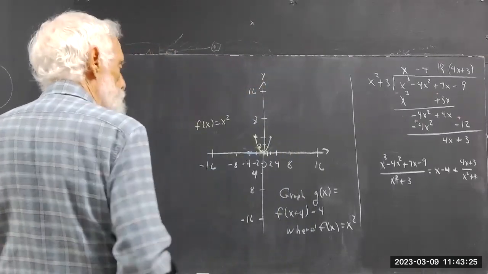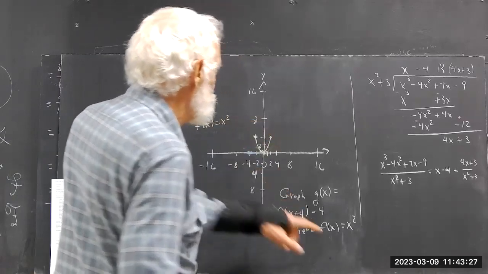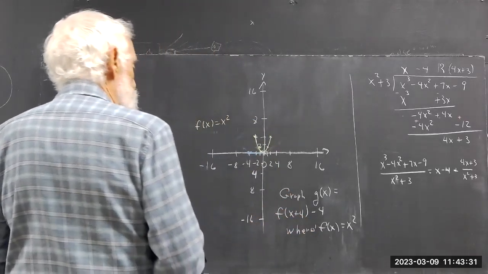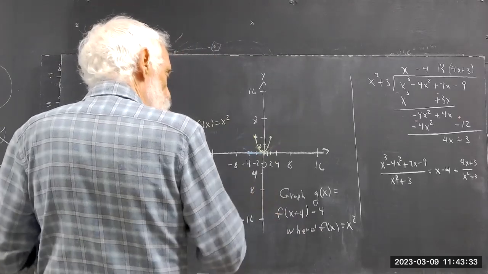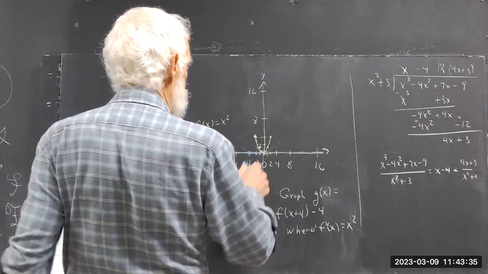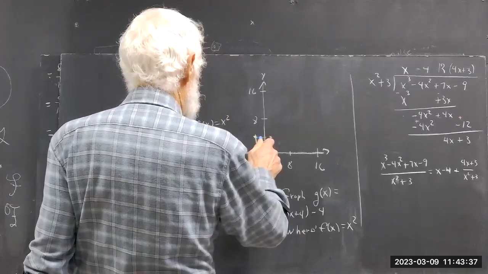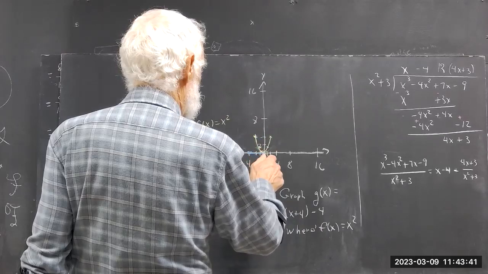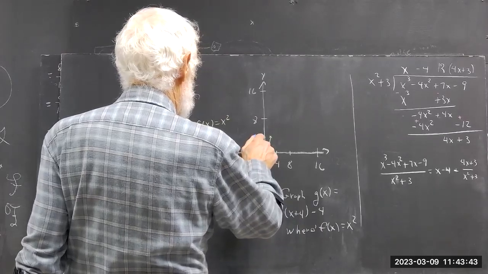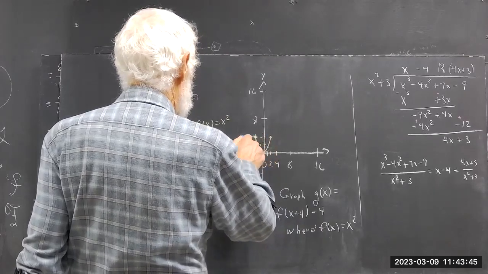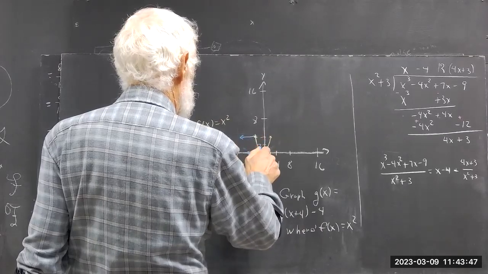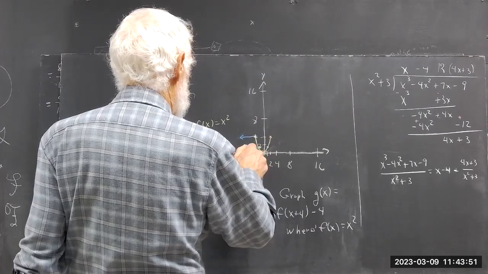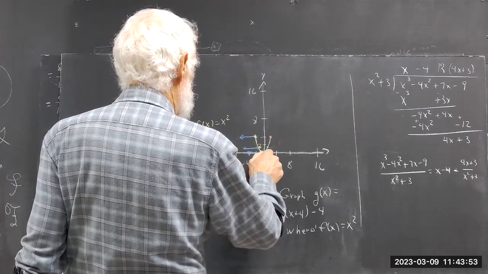Okay, now, as I said, transformations have replaced x by x plus 4, which means I'm going to move all my points 4 units to the left. Which is going to move this point over to here. This point over here.